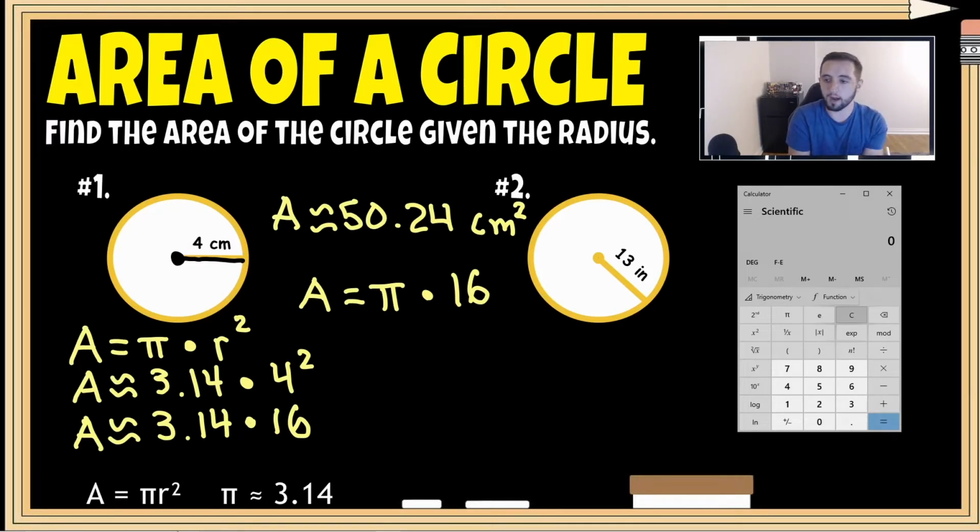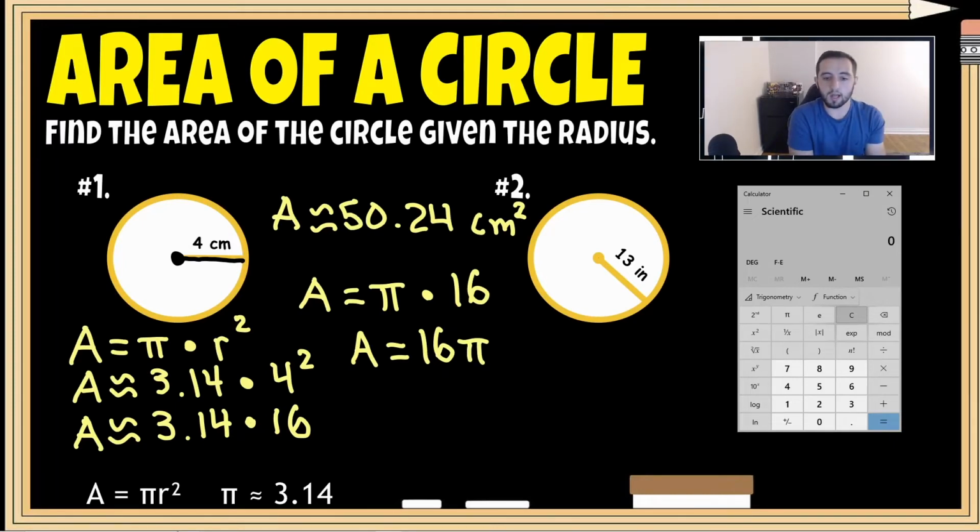I'm just leaving pi like it is. So pi times 16 is really just 16 pi. We typically write the number in front of the pi symbol. So my final answer, if I wanted to leave it in terms of pi, would be area equals 16 pi, which is the same thing as 16 times pi.